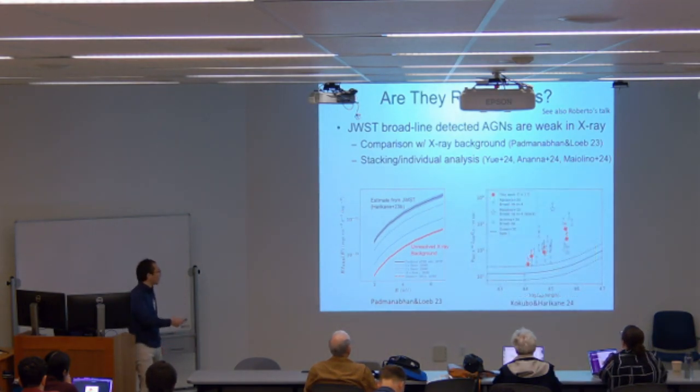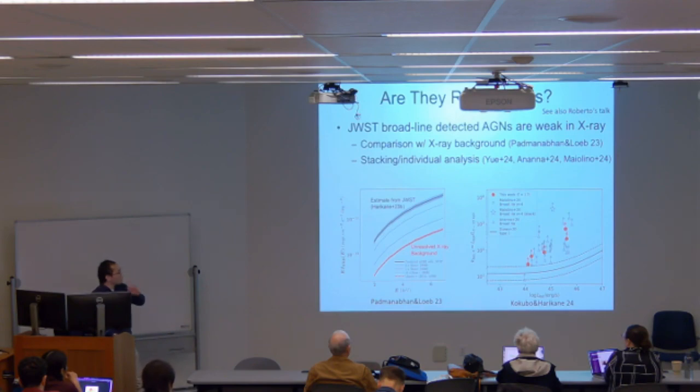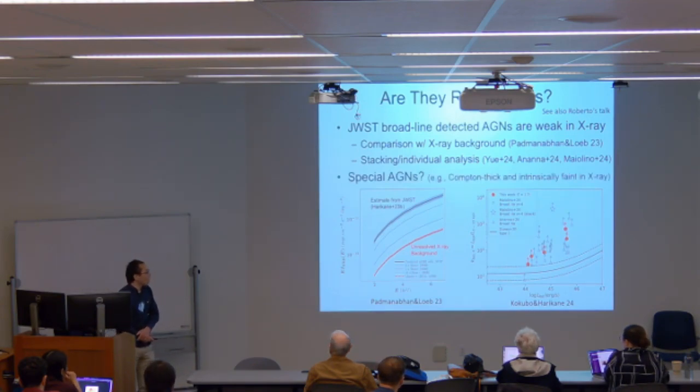This figure shows the ratio of the bolometric luminosity to the X-ray luminosity as a function of the bolometric luminosity. These JWST-detected broad-line objects show very weak X-ray luminosity compared to this redshift zero relation for type 1 AGNs. So this indicates that these broad-line objects may be special AGNs, such as Compton-thick AGNs or intrinsically X-ray weak. I think Roberto will talk about this more tomorrow.